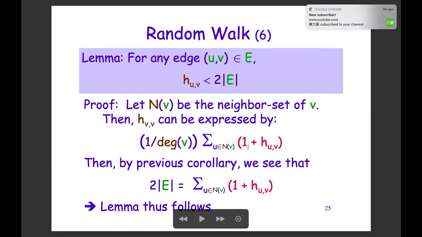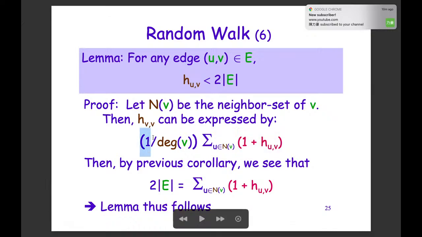So we use one step to move to the next state, and we use an extra H_uv steps to go back to v itself. This is the definition of the expected value. There is the same chance to go to any neighbor u in the next step, and if we go to u, then by linearity of expectation the total number of expected steps is equal to 1 plus H_uv.